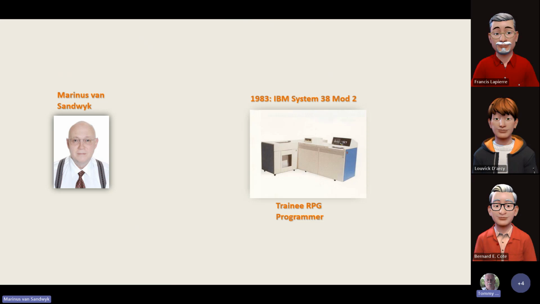Well, just to give the audience a feel, because we haven't dealt a lot with each other, I thought, okay, let me just do something similar to what Tommy did in the beginning to explain to the audience who he is and what his background is. I started in 1983 as a trainee RPG programmer on a System 38 Model 2, which had the mighty sum of 2 megabytes of main storage.